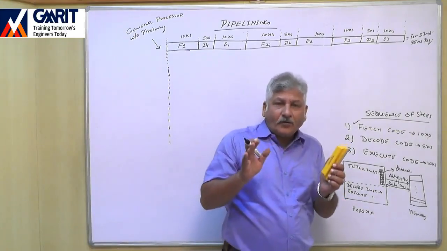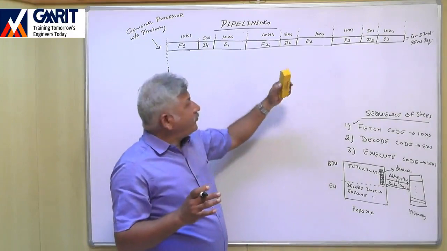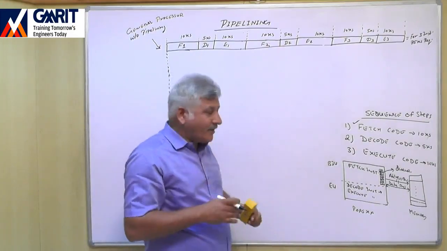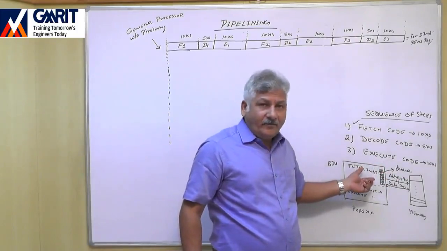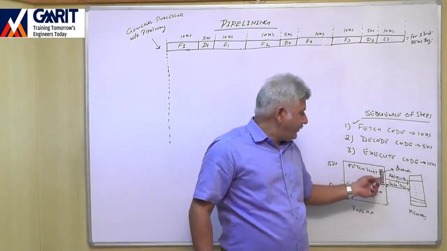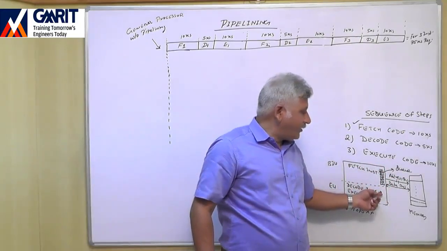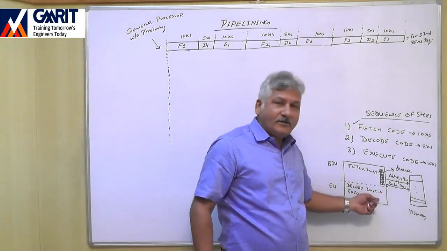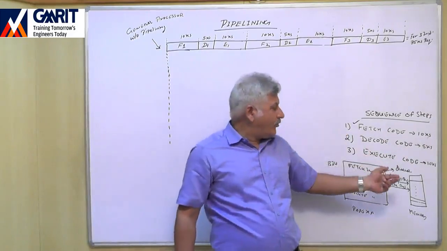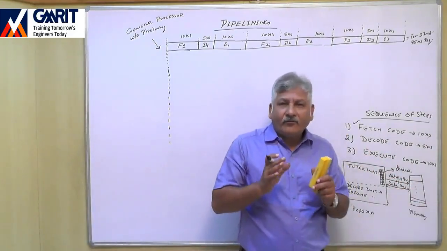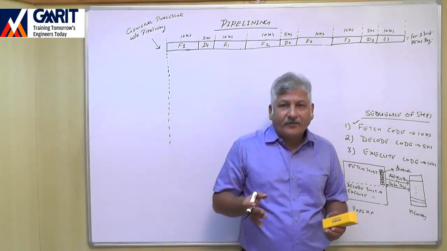In normal processors, prior to 8086, this was the case. Once the code had been fetched from the address and data bus, it went to the decoding and execution section. By that time, no other code from the memory was fetched by the processor, right?